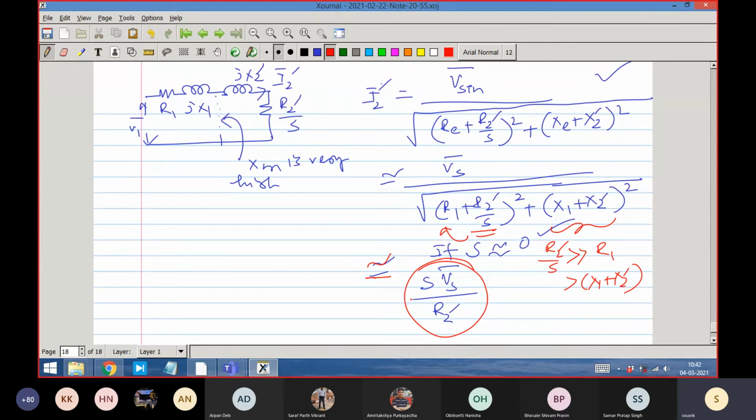The simplest form, this is just a resistive circuit. This implies that, as I used to tell you earlier, power factor is good, power factor is nearly equal to 1, which implies that the delta angle is almost 90 degrees. But this happens when it is operating very close to the rated condition.